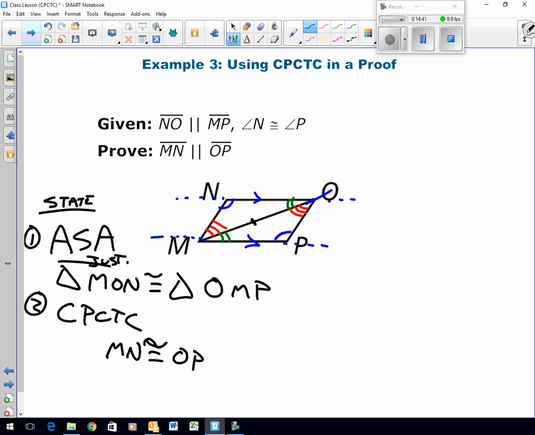And we haven't learned this part. I said that I have to teach you. If you have two pairs of congruent segments in a parallelogram, you have two pairs of parallel lines in a parallelogram. That's coming next week.